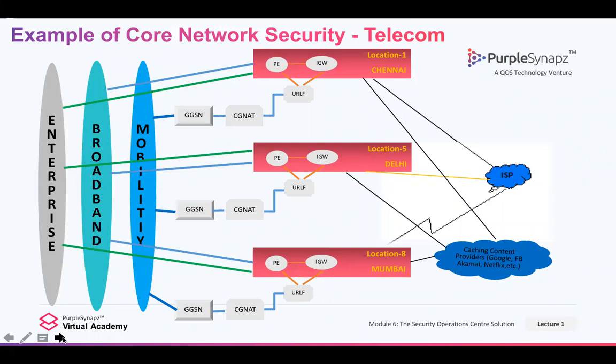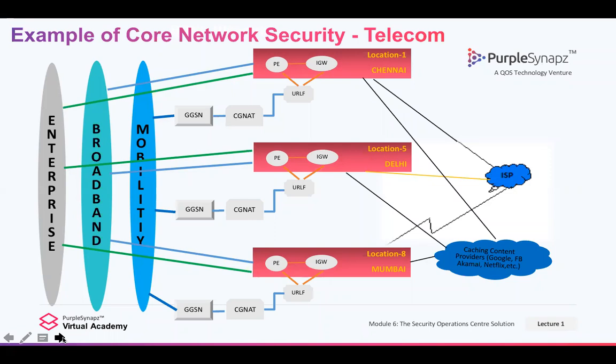So at such layers, it is quite possible that we will not be able to collect the logs from each of the devices, because all such security controls that can be deployed in an enterprise called a bank may not be possibly deployed in an enterprise called a telecom.